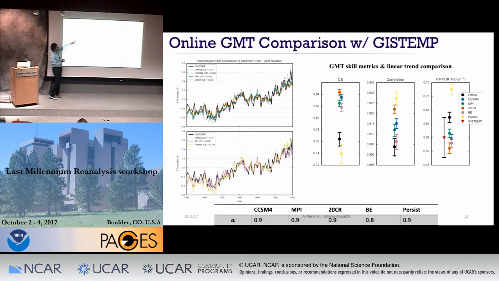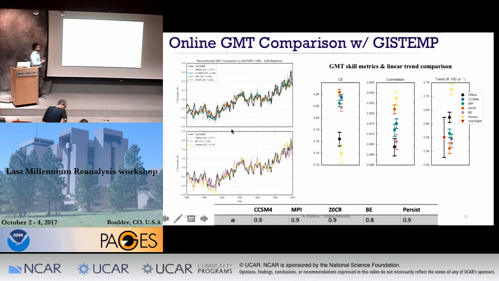The dotted line is offline, and the solid black line is GISTEMP. Main point from these is that we do capture very well some of the longer-term low-frequency variations in this. It's maybe hard to notice, but the general interannual variability seems to be a little bit less than the offline case, and I think that ends up helping us out.